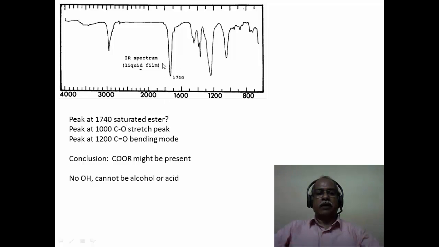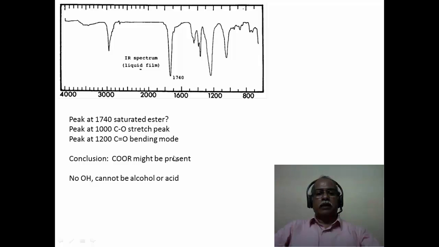Carbonyl stretching frequency of an ester is what is seen around 1740 or so. Around 1000 there is a fairly intense peak, which could be because of a C single bond O stretching frequency, and the broad intense peak around 1250 or so might be because of the carbonyl bending mode of this compound.